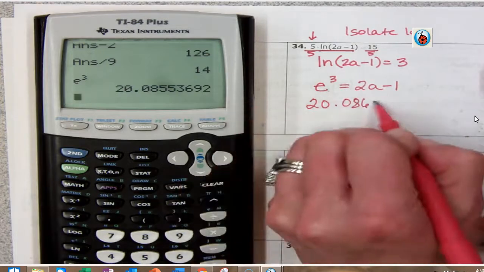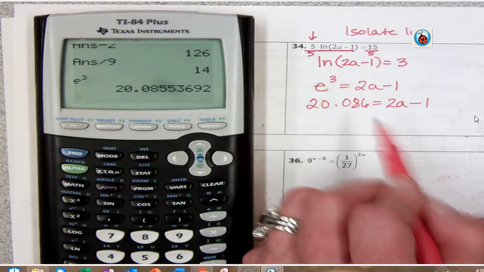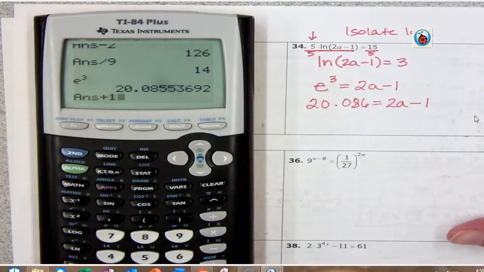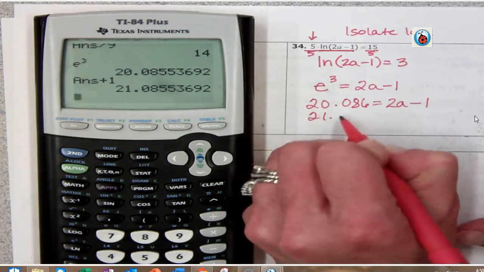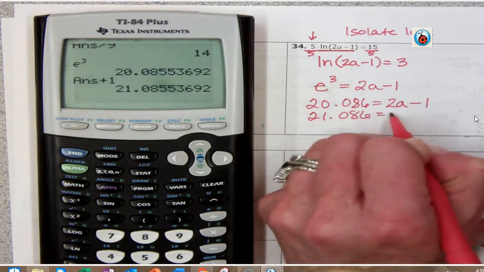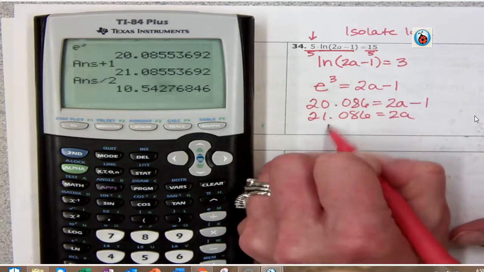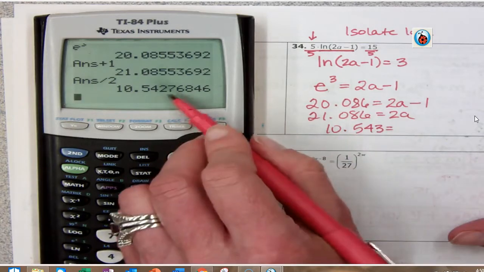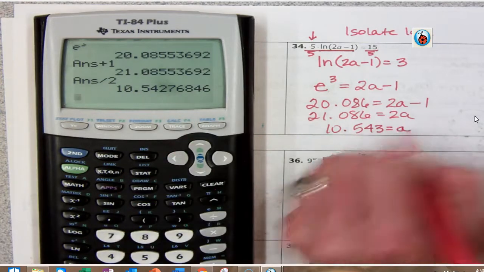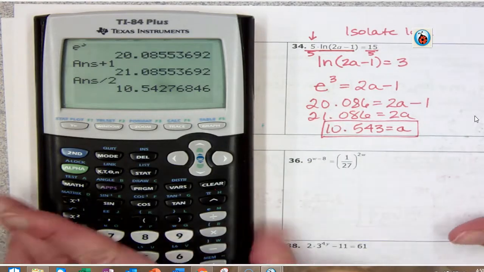I'm rounding it to 3 decimal places. 2a minus 1. Now I can add 1 to both sides. Add 1 here, add 1 there. 21.086. And then divide that by 2. 10.543. I'm rounding that up because of the 7. And there you go. All right.